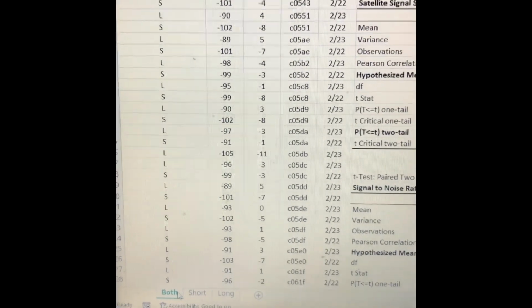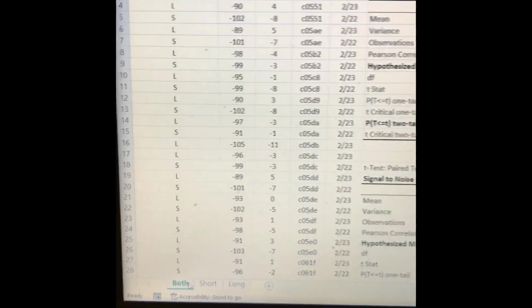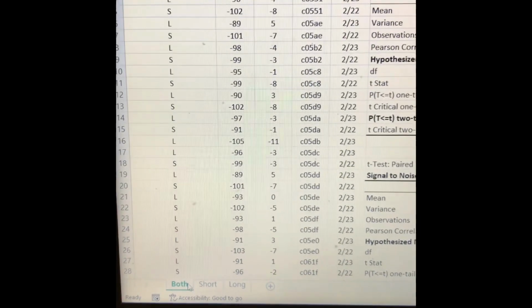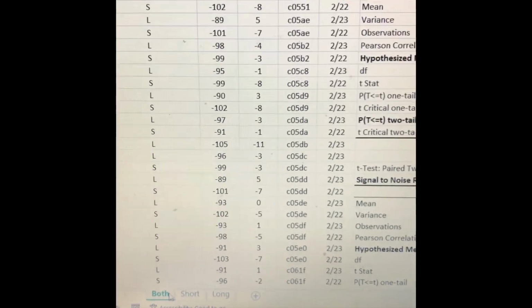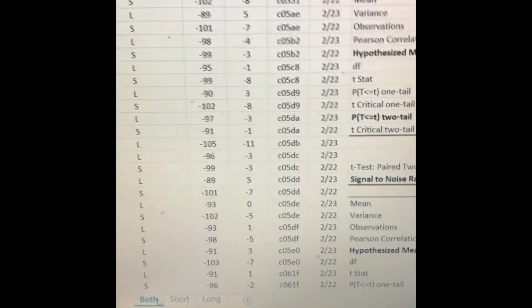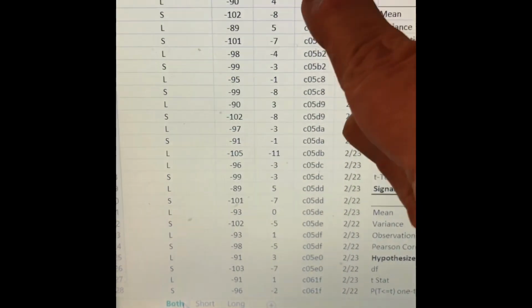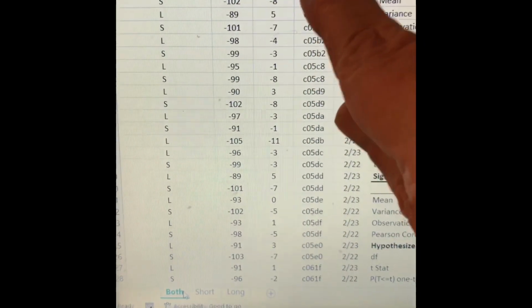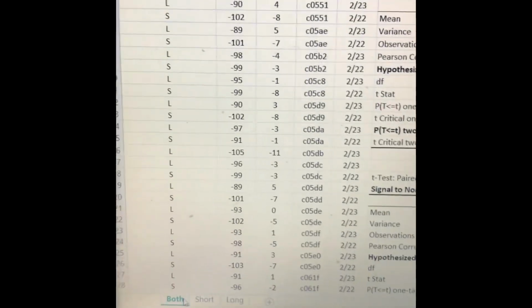Here we combined the data for the 2 days, the long antenna and the short antenna, and then sorted so that all of the pairs of satellites would show up, the matched pairs that we're going to do a statistical test on: a long antenna for this particular satellite and a short antenna for that same satellite, and so on for all of the satellites that were heard.